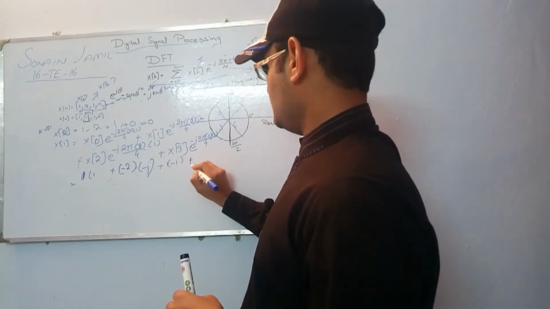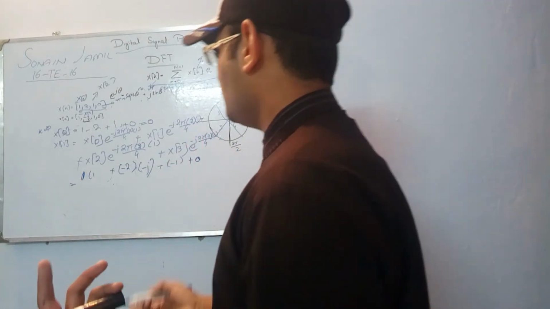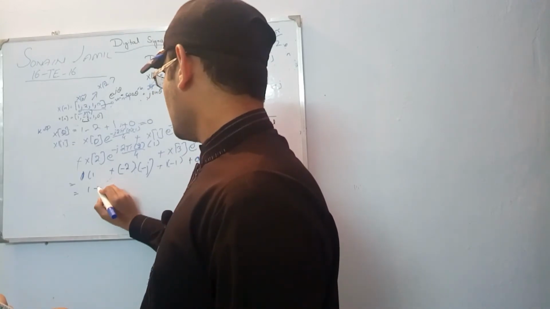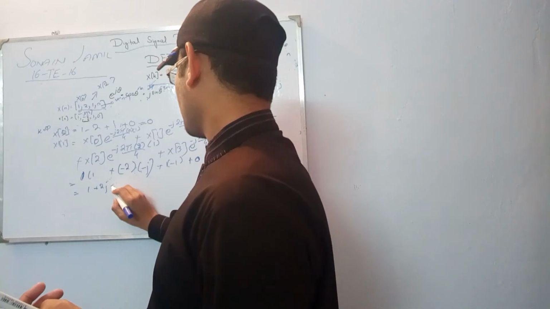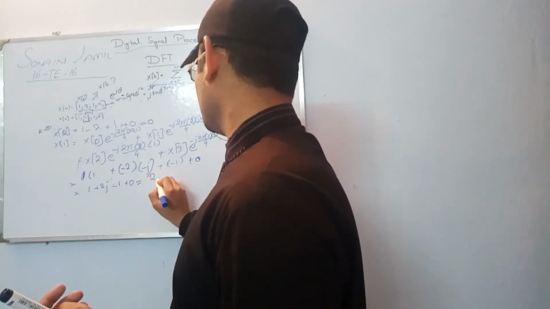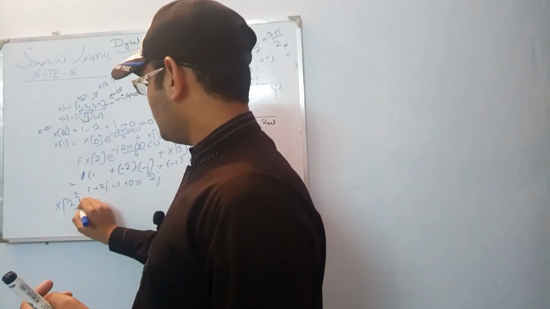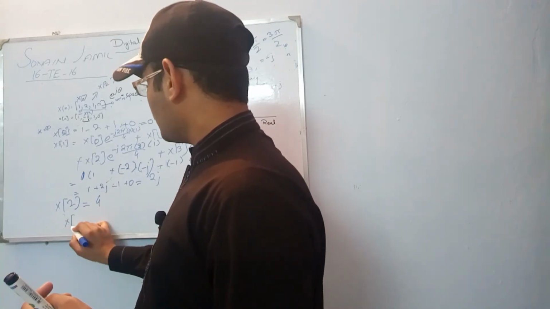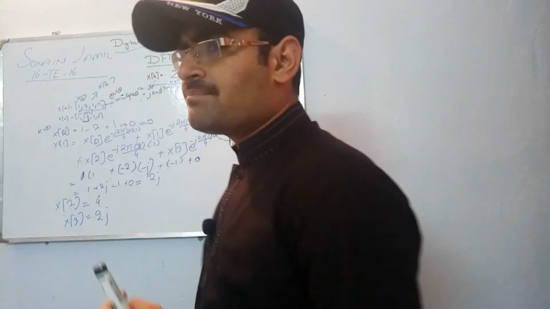And anything multiplied by 0 is equal to 0. So this turns out to be 1 plus 2j minus 1 plus 0, which is equal to 2j. Similarly, you can find x of 2, which turns out to be 4, and x of 3, which turns out to be 2j.